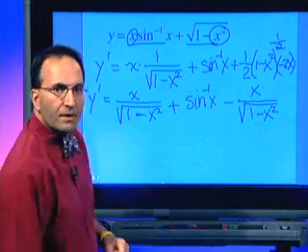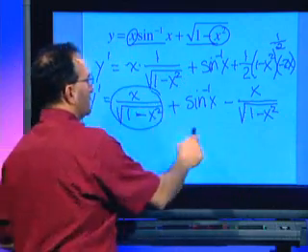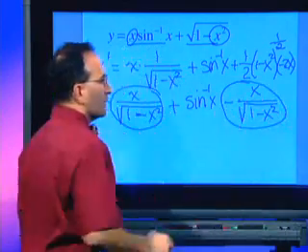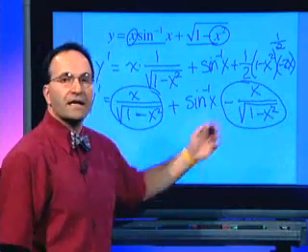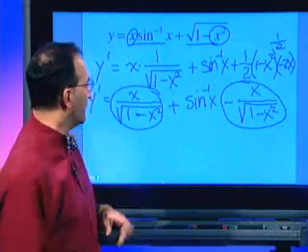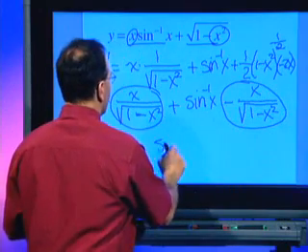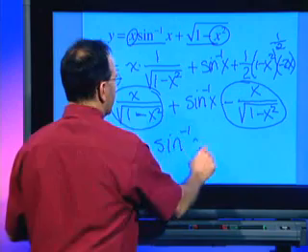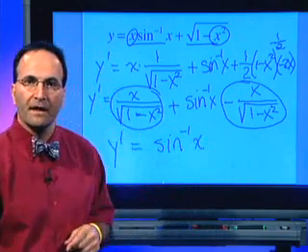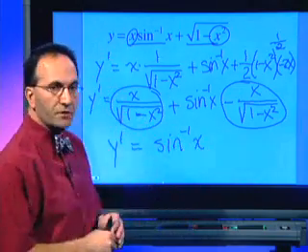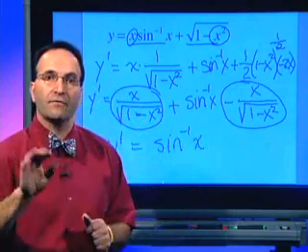Well, look at that. We have the same functions, although this is the negative of it, which means they add up to 0, and we get that y prime is equal to the inverse sine of x. All right, so there's an example of using one of the derivatives of the trig function.